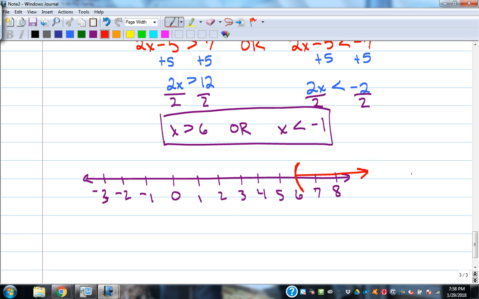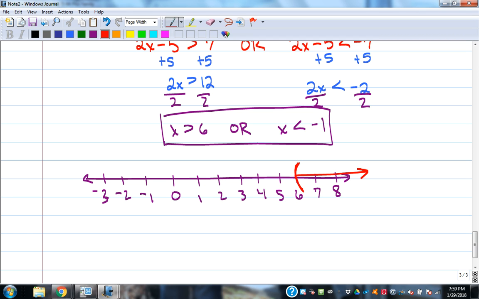And then all the numbers that are greater than 6 are this way. Like 7 and 8 are bigger than 6, so we're going to go that way. Notice, what is that pointing? That less than symbol is pointing to the right, correct? That's kind of a shortcut to knowing that. Okay? X is greater than 6 should be going this way.